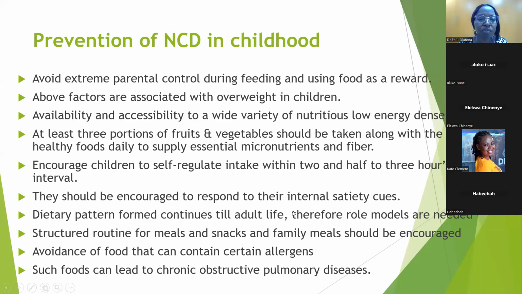The dietary pattern that is formed at this stage is very important, and that's why children should be encouraged to eat with adults. Adults should also serve as good role models. If parents don't eat vegetables, then it will be difficult to convince the children to eat vegetables. A structured routine for meals and snacks and family meals are encouraged.